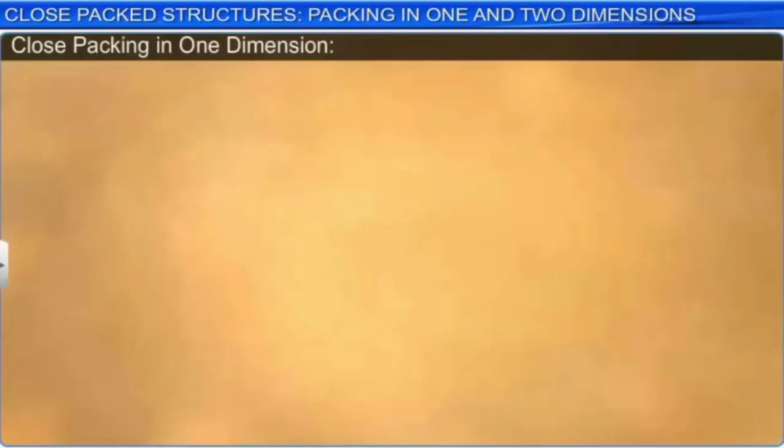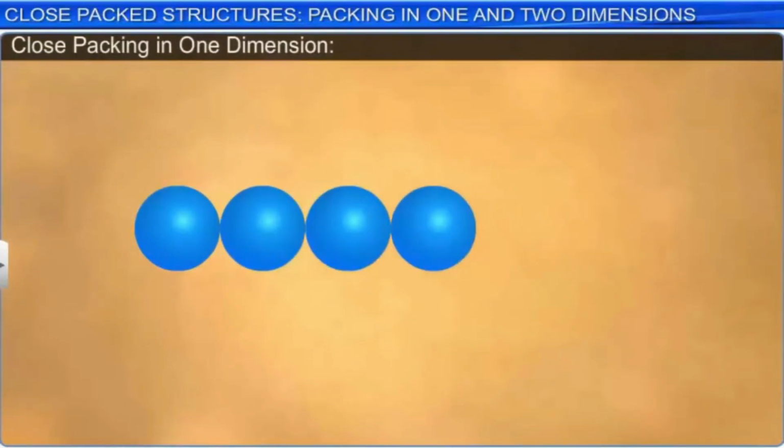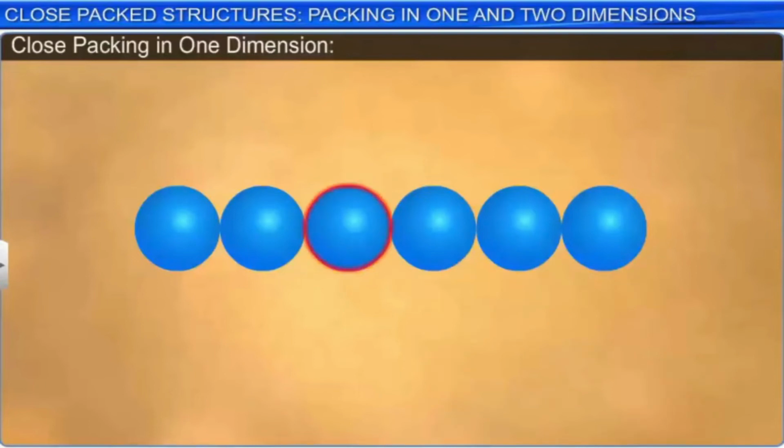You can see that there is only one way of arranging the spheres in a 1-dimensional close-packed structure, that is, by arranging them in a row touching each other. In this arrangement, each sphere touches 2 neighboring spheres. In general, the number of nearest neighbors of a particle is defined as its coordination number. Therefore, the coordination number of a particle or sphere in 1-dimensional close packing is 2.